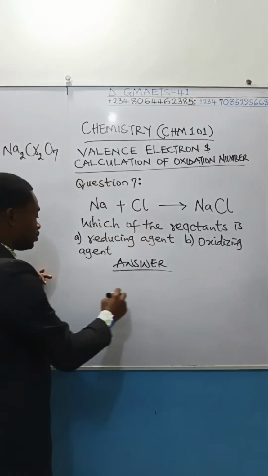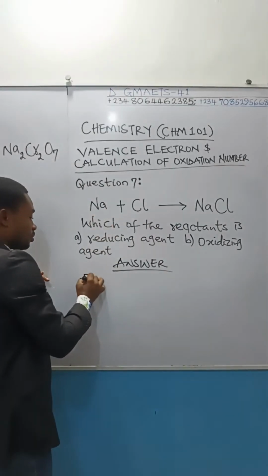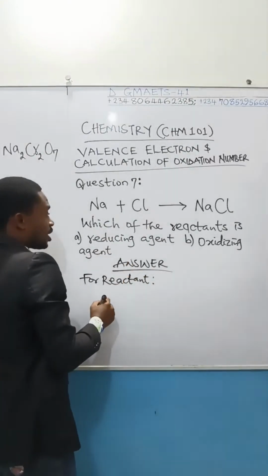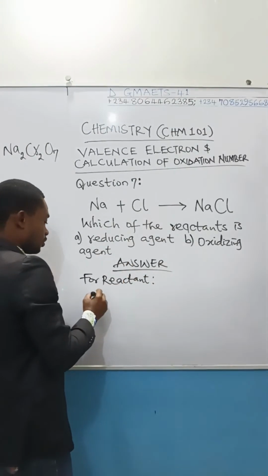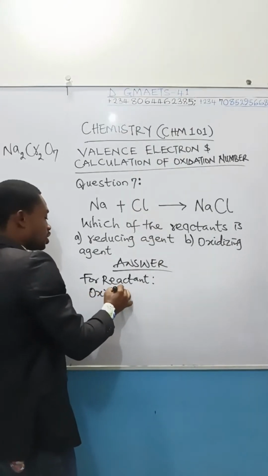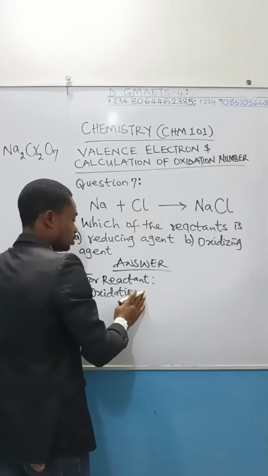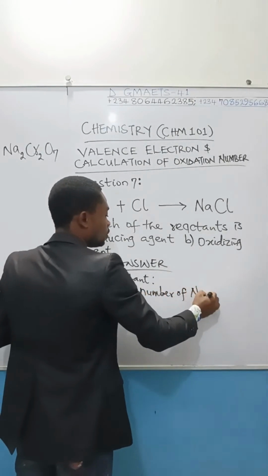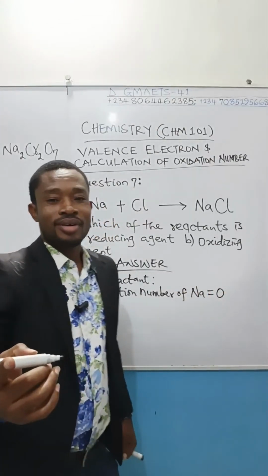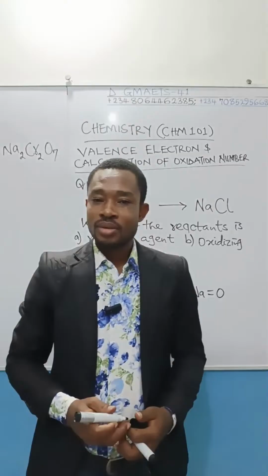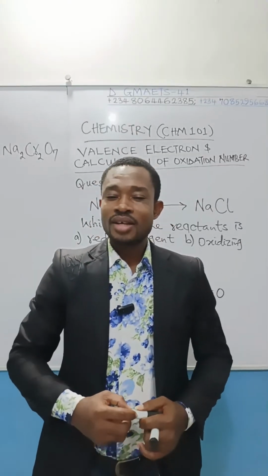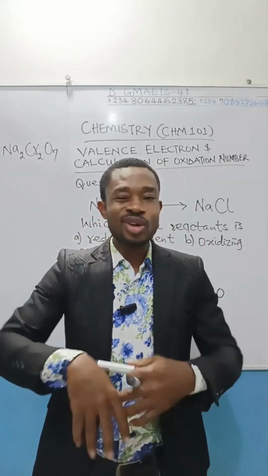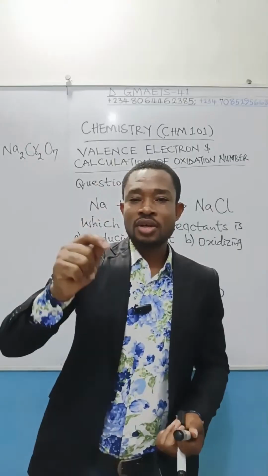Let's find out, please. For the reactant, let's look at sodium. The oxidation number of sodium equals 0. Remember, when we started this class, we explained that the oxidation number of a pure element, an element on its own, not in ionic form, is 0.